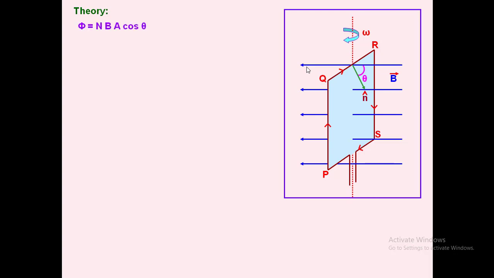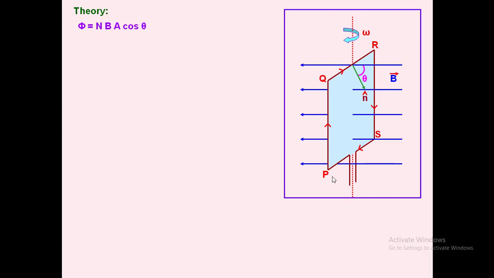So if you use the formula for flux, because the magnetic field lines are passing through this area, that is PQRS, magnetic flux will be there. So the magnetic flux is nothing but NBA cos theta. Actually it is B bar dot A bar for one turn, N B bar dot A bar for N turns. So B bar dot A bar is nothing but BA cos theta.